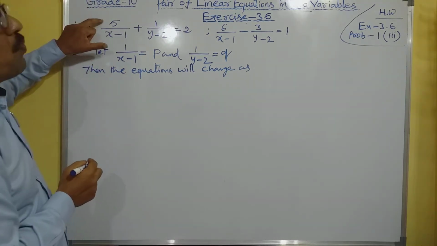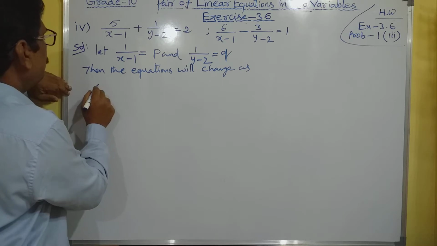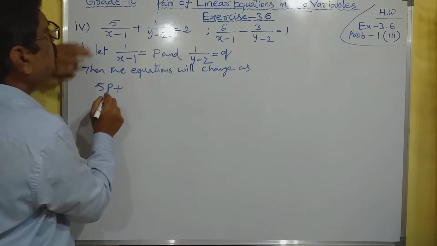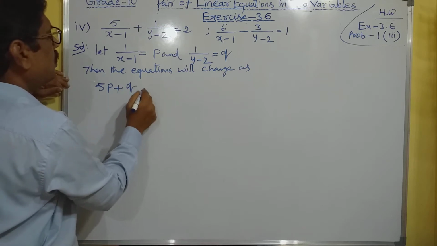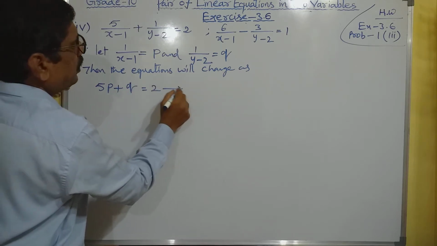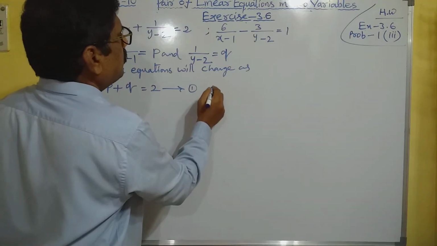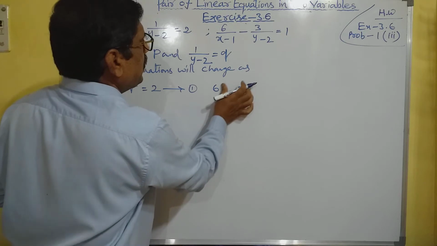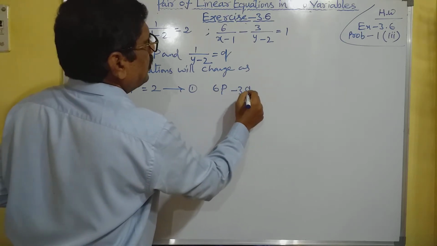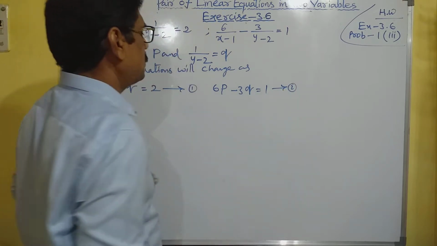See, 5 by x minus 1 will be changed as 5P plus 1 by y minus 2, that is Q, is equal to 2. Let us take this as the first equation. Now here this is 6P minus 3Q is equal to 1. So this is the second equation.